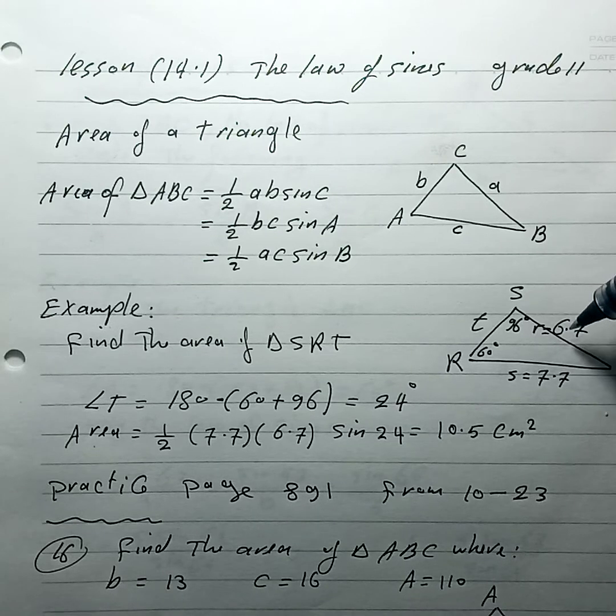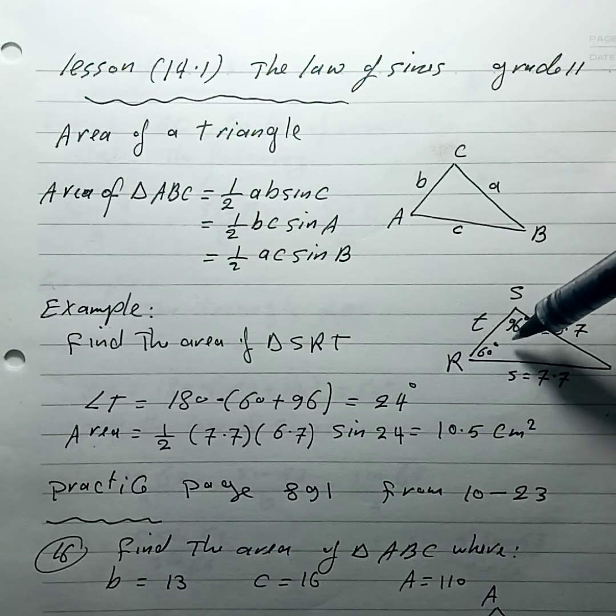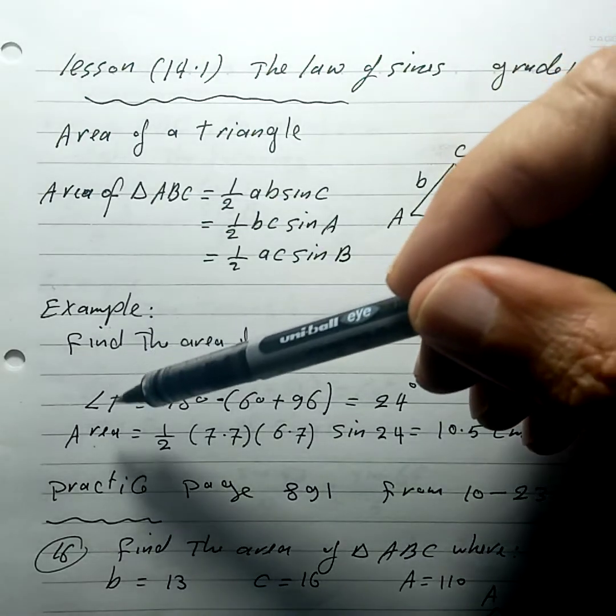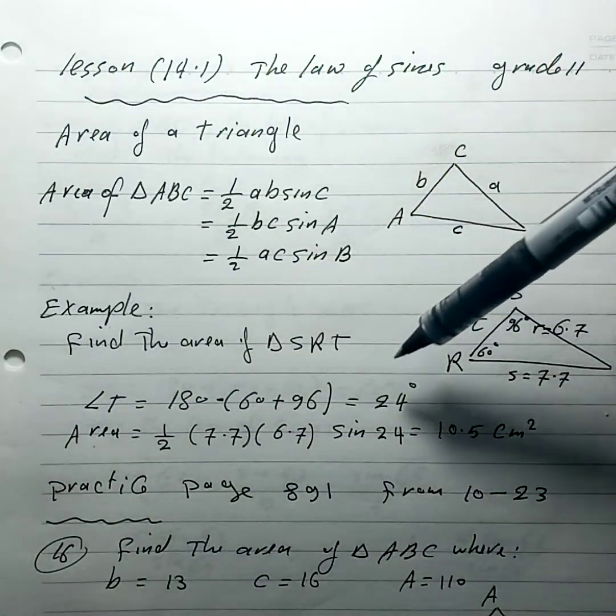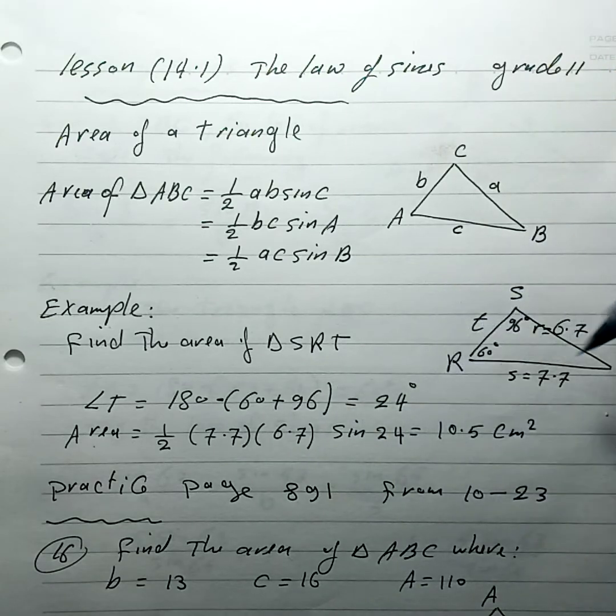To get the area, you have to know the angle between these two sides, which is angle T. It is easy to get angle T by subtracting the sum of these two angles from 180, because the sum of the three angles in the triangle is 180. So angle T is equal to 180 minus the sum of 60 and 96, which is 24.